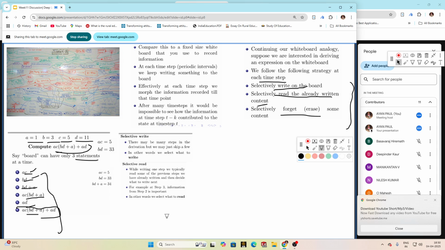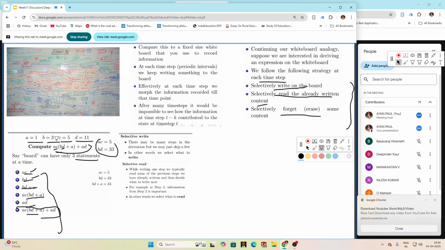Then we will selectively read. While writing one step, we typically read some of the previous steps we have already written and then decide what to write next. So AC and BD we have written.